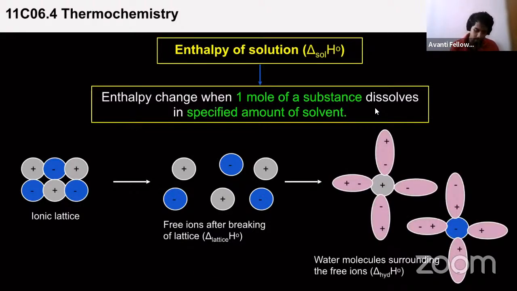If I dissolve them in a solvent, these ions will have interactions with water molecules. Based on how many water interactions they have, a different amount of energy is released for the cation and for the anion. They both have different hydration spheres. Let's say this has four water molecules, so four is the hydration sphere, and here also four. As the interactions are the same, let's assume the energy evolved is also the same.